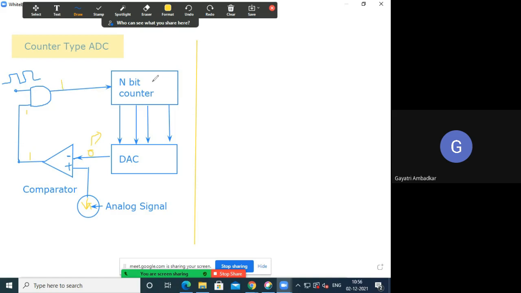So what will be the output of DAC? पहिली clock गेली तर DAC output किती देणार तुम्हाला? Sorry, not DAC, counter output किती देणार? Counter will give you output 0. पहिल्यांदा काय होतं 0 0 0 0. First 0 0 0 0. Okay. Then output of your DAC was 0.